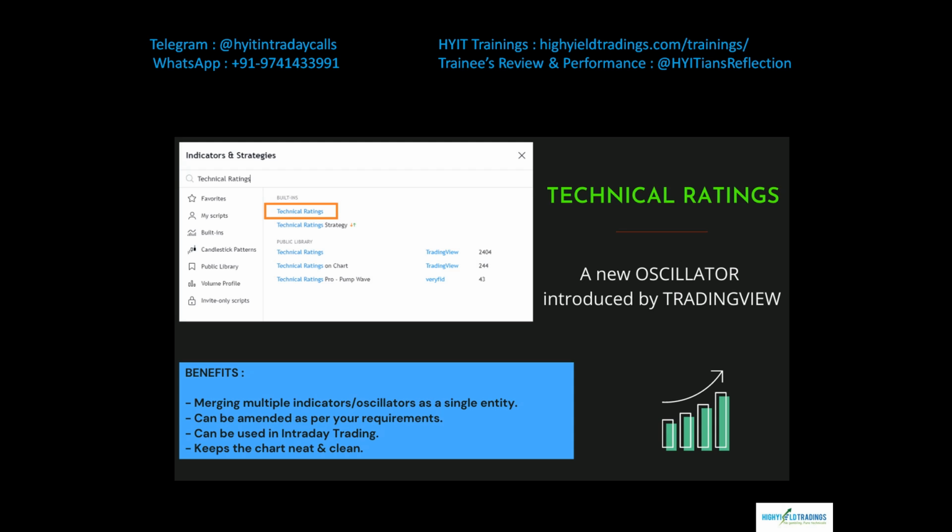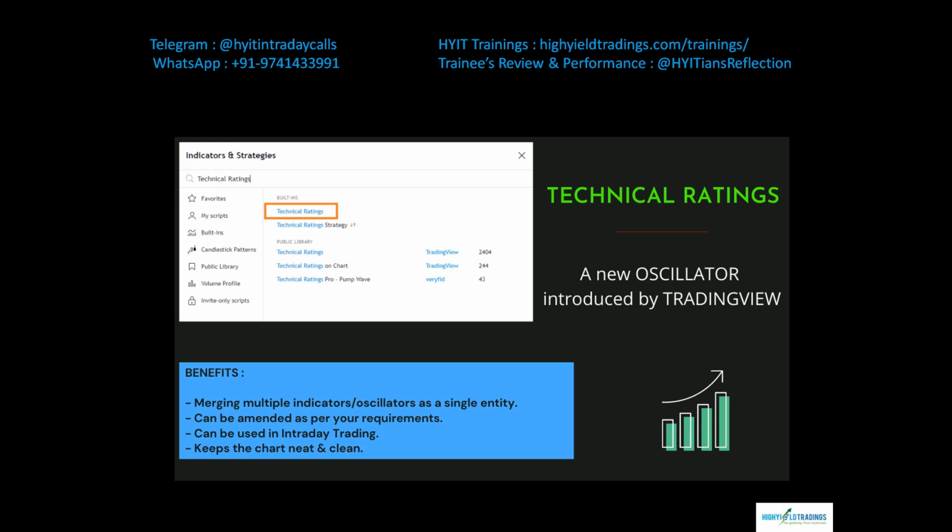For example, if we talk about EMAs, the exponential moving averages, then EMA 200 is the strongest number in that category. Likewise, we also have EMA 100, EMA 50, EMA 20, and so on and so forth. Similarly, we have these kinds of numbers for the other indicators and oscillators as well.